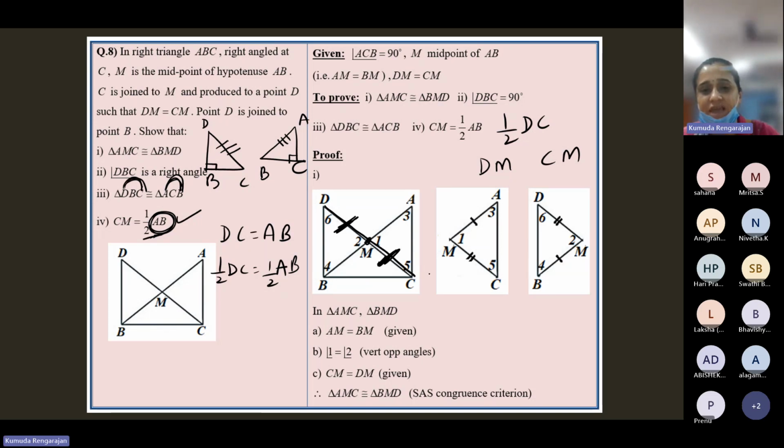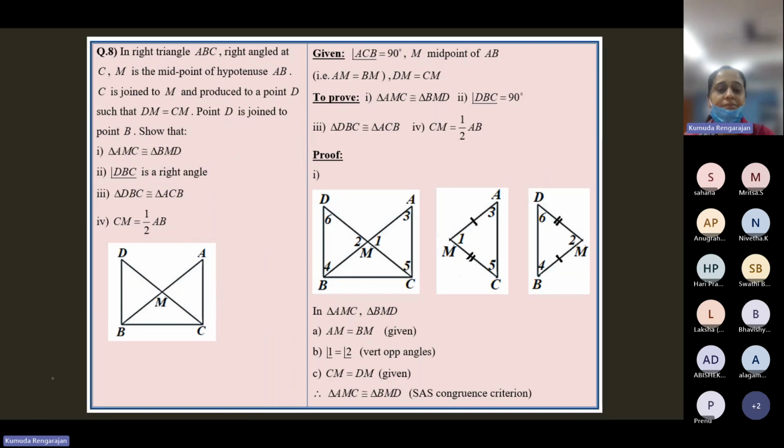So half of DC can be DM or CM, anything. But here what is there in the result? CM. So instead of half DC, you write CM. So CM is equal to half of AB. That's what we have to prove.